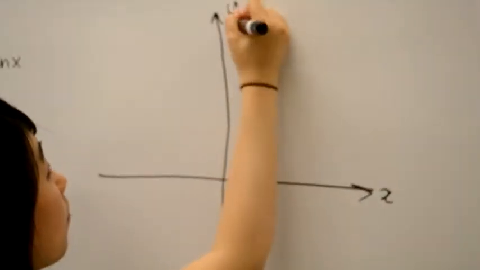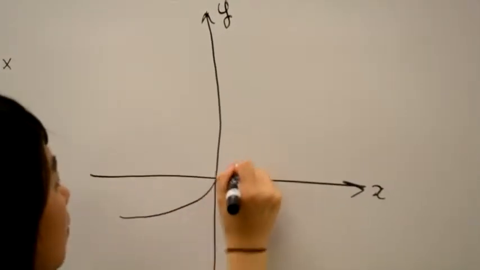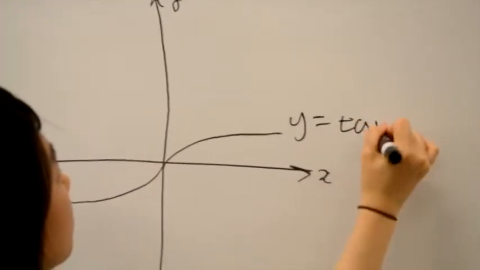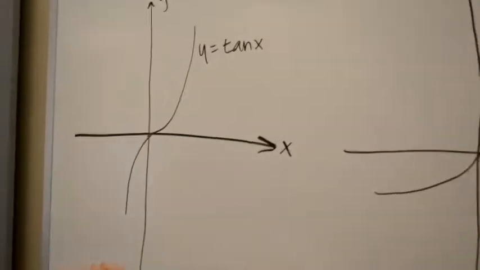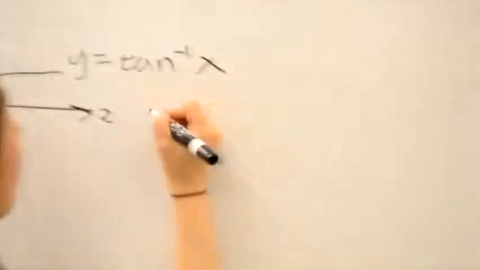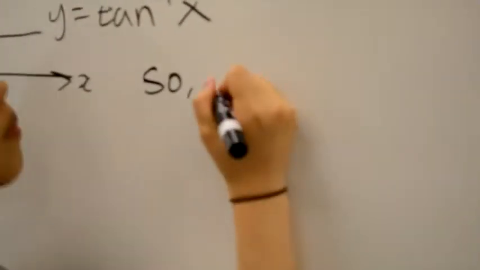And it's actually increasing. So it won't really have a point where they have two y values at the same x value. So the domain would be negative infinity to infinity.